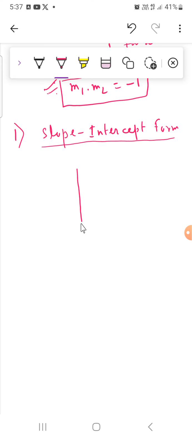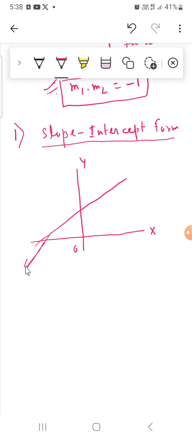We take a Cartesian plane. Here this is the x-axis, this is the origin, this is the y-axis. Now I am taking a straight line in this way. I am taking AB, a straight line.